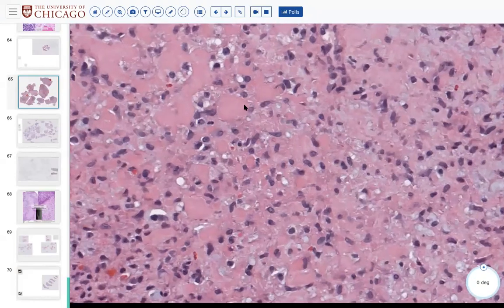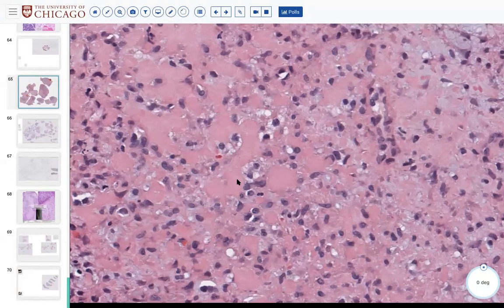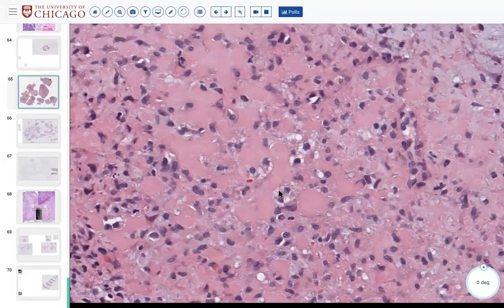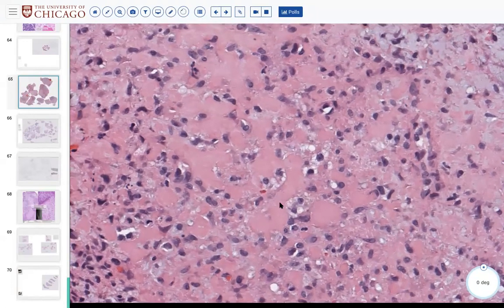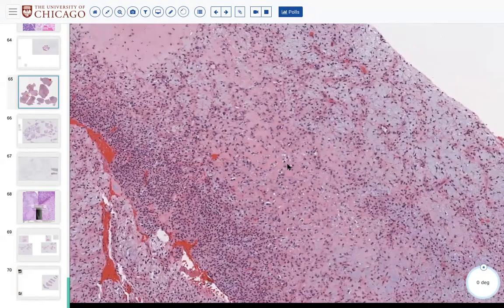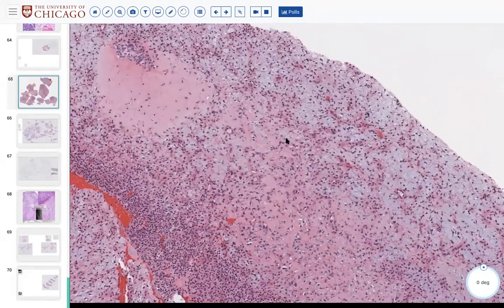So eosinophilic stromal material can be challenging. It could either represent collagen or osteoid. Arguably osteoid is fine and lacy. This is a little chunky and globby for osteoid. So my vote would be no on this area.